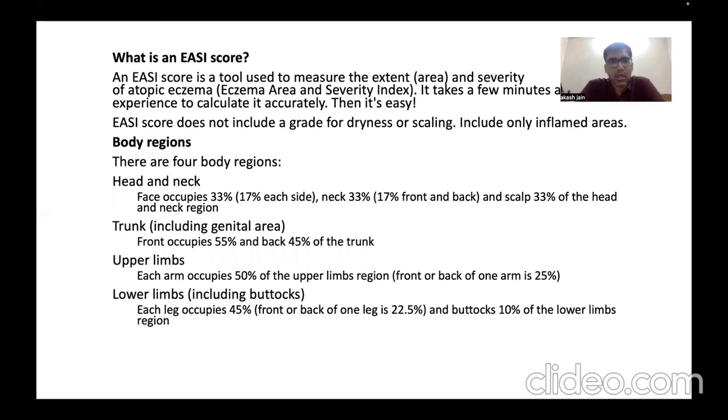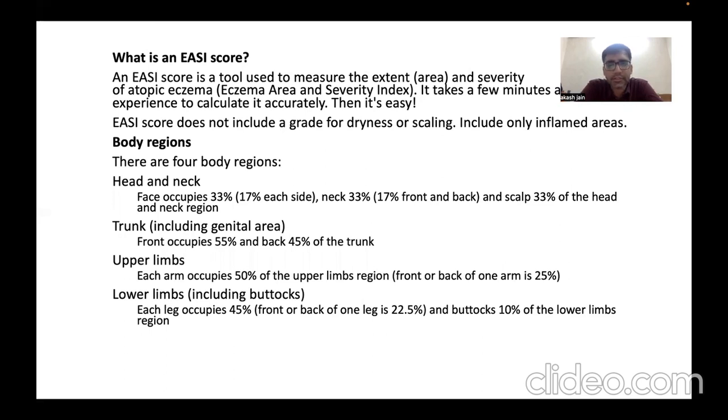So in this, there are 4 body regions: head and neck, trunk, upper limbs, and lower limbs. Head and neck: the face occupies 33%, that is 17% each side, neck 33% front and back, and scalp 33% of the head and neck.